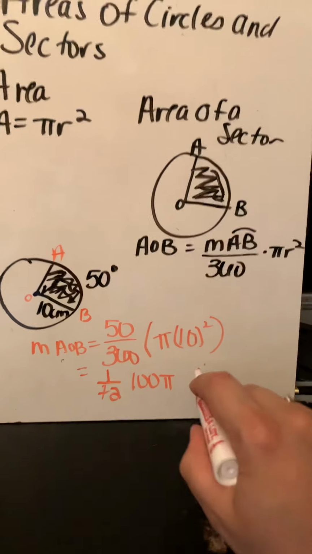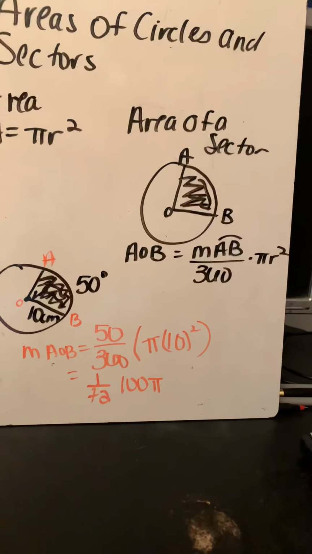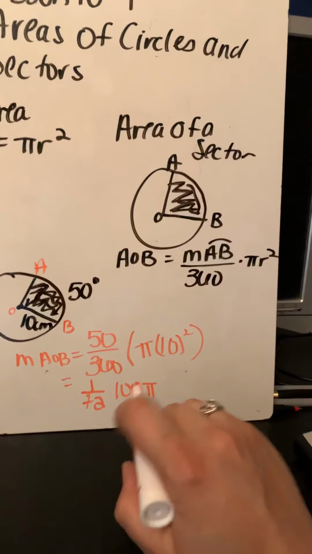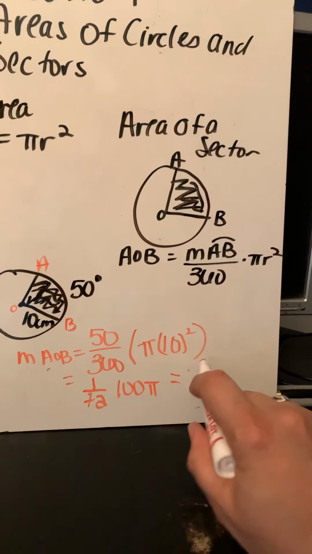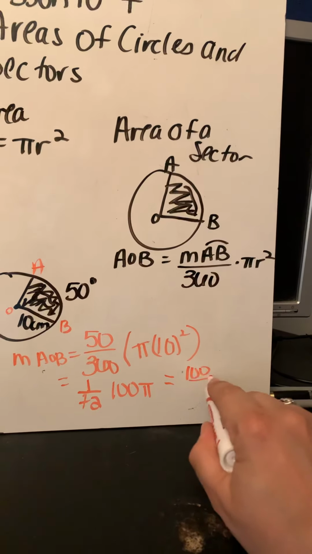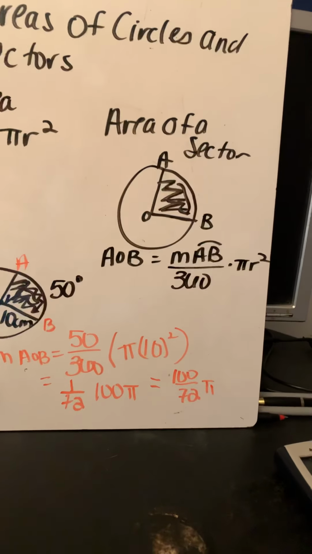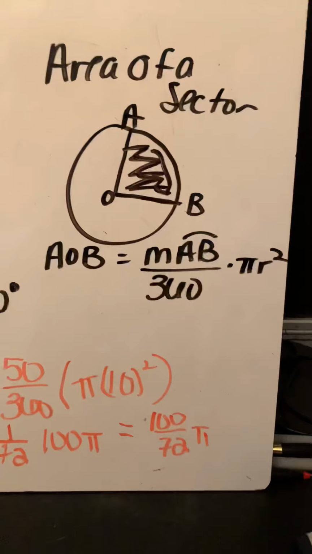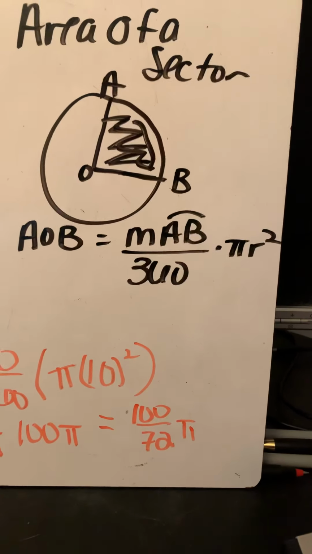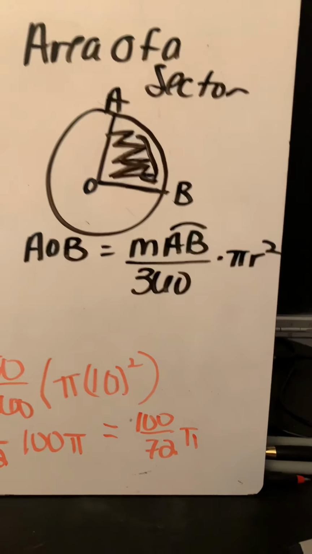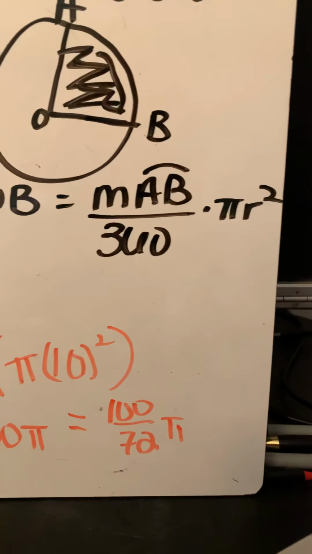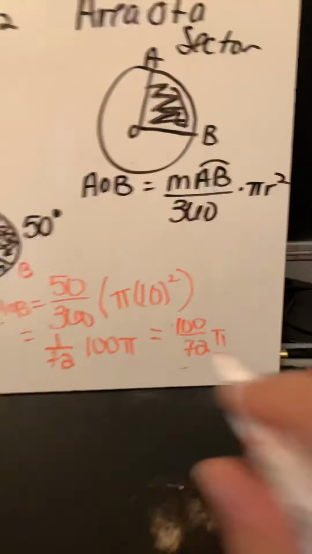I'm going to want to leave this in terms of pi. So it equals 100 over 72 pi. I'm going to reduce that 100 over 72, get it into a reduced fraction, and I get 25 over 18.